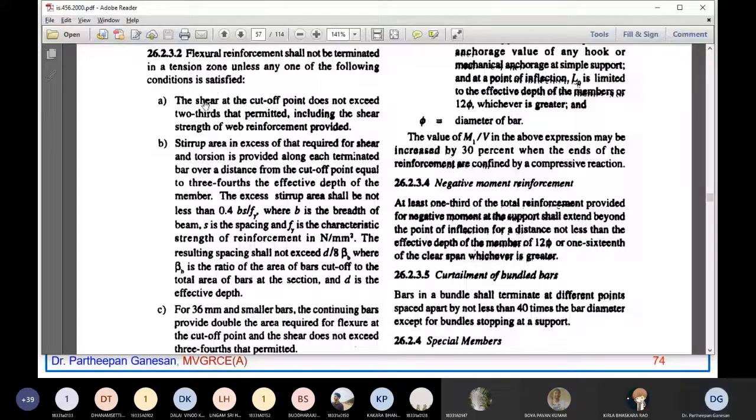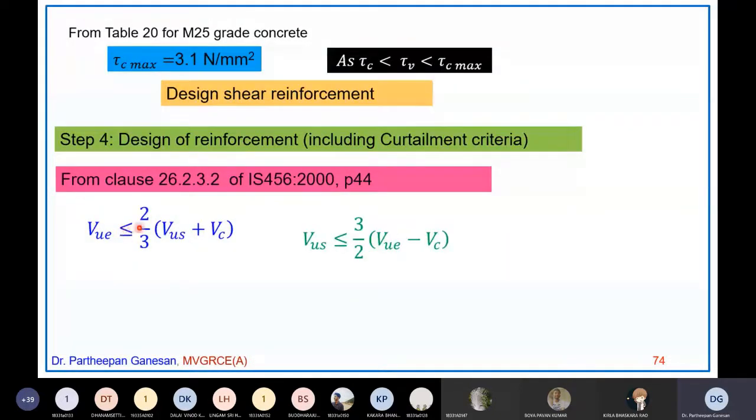Let us say the shear is VUE; that should be less than or equal to 2/3 of the strength available at that section. At any section, the shear strength is calculated from how much shear is taken by the concrete plus how much is taken by the shear reinforcement. That is why VUE should be less than 2/3 of the shear strength of the concrete plus the shear strength of the web shear reinforcement.